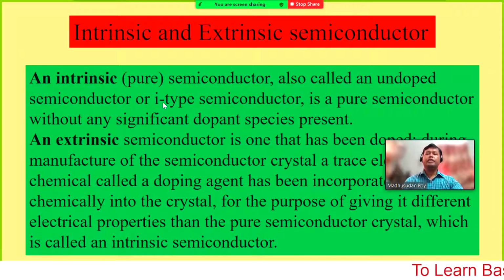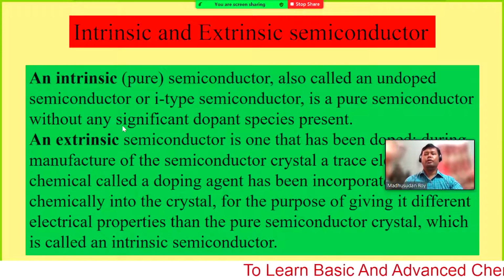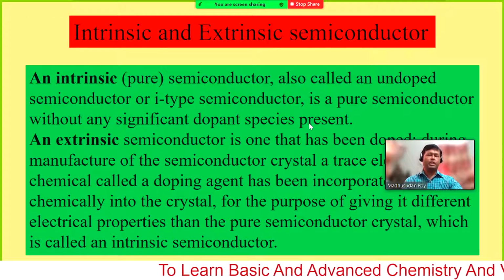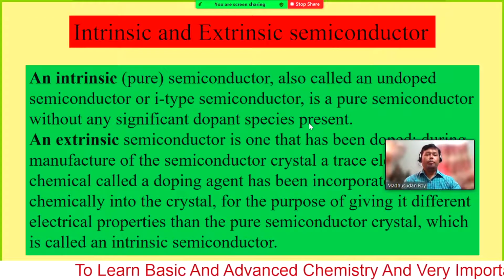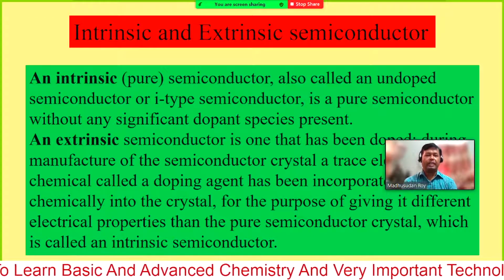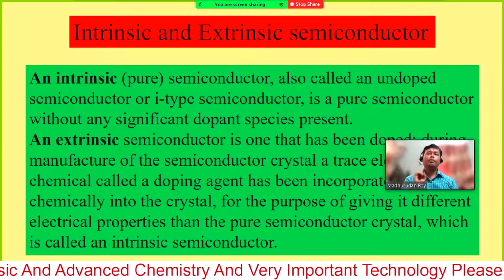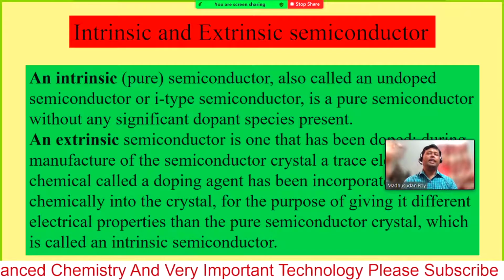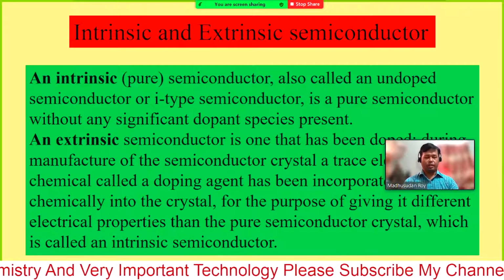I type means intrinsic. An I type semiconductor is a pure semiconductor without any significant dopant species present. So if you do not have any material except the pure semiconductor, that is known as an intrinsic semiconductor.